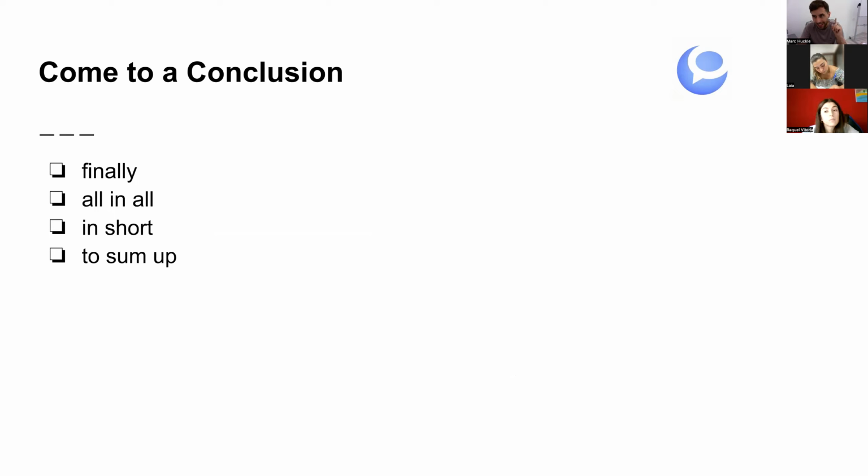No utilices in conclusion. Es un nivel escrito, formal, sí, pero hablando, we would use finally, all in all, in short, to sum up, and you give your conclusion. For example, all in all, I think the best option is, y das la opción.